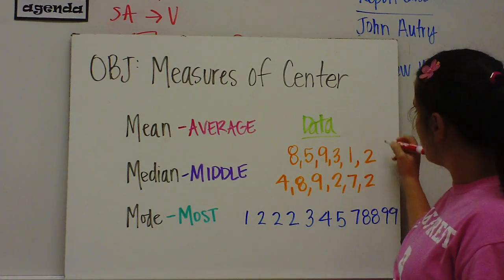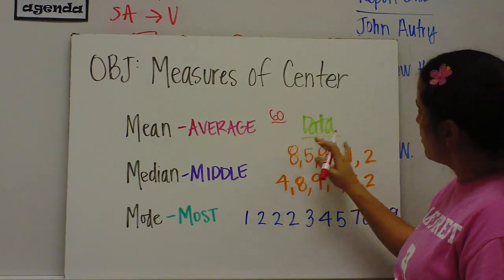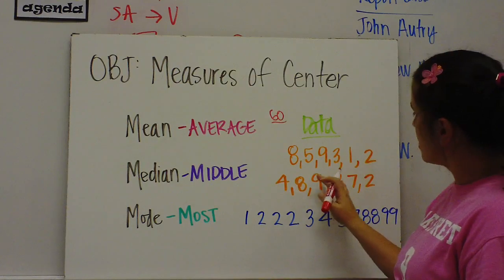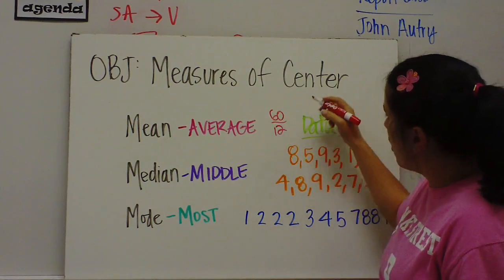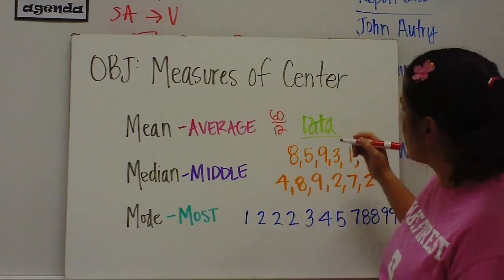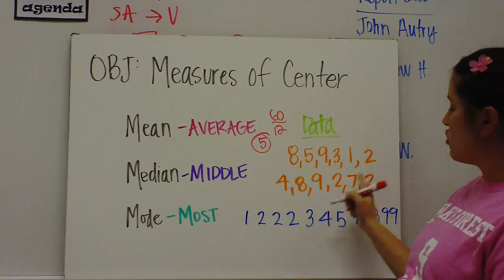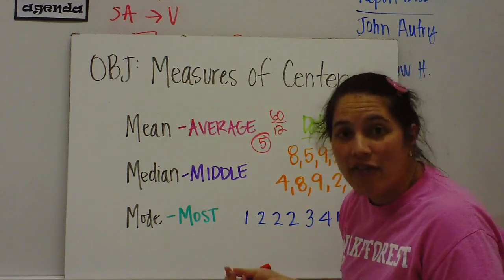And we get 60. There are 12 numbers. 60 over 12 is 5. And yes, so the mean would be 5. So you'd look at this data, and the average is 5.